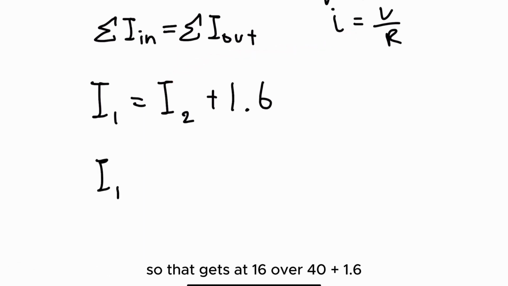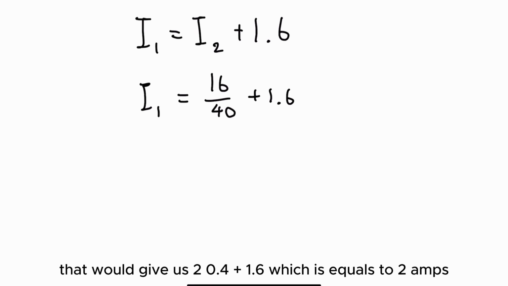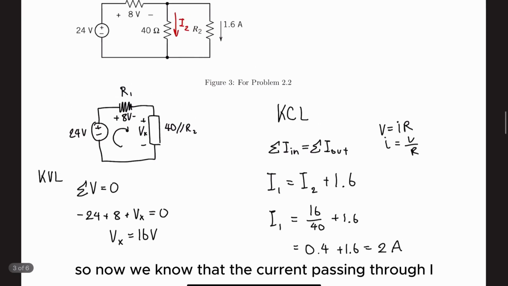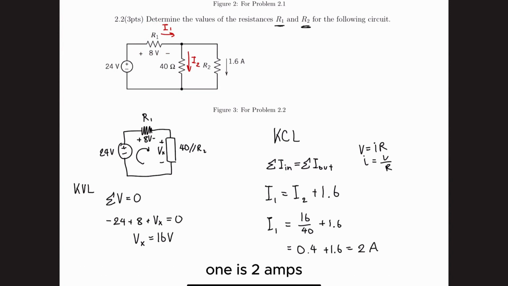So that gets us 16 over 40 plus 1.6. That would give us 0.4 plus 1.6, which equals 2 amps. So now we know that the current passing through I1 is 2 amps.